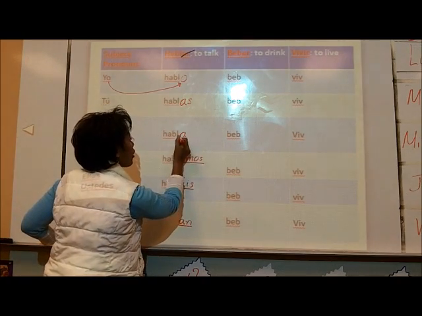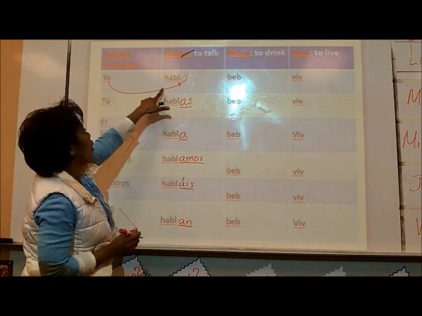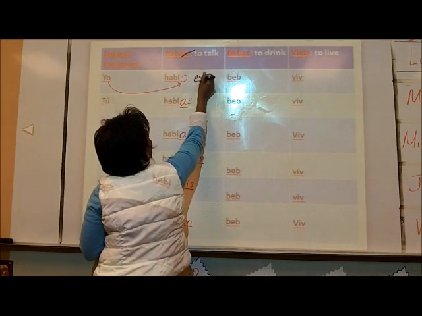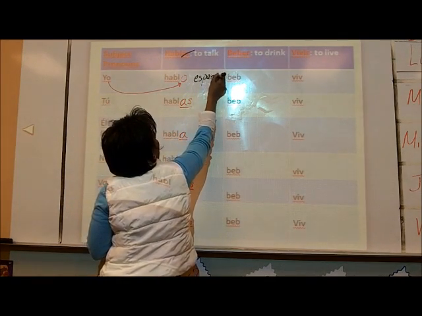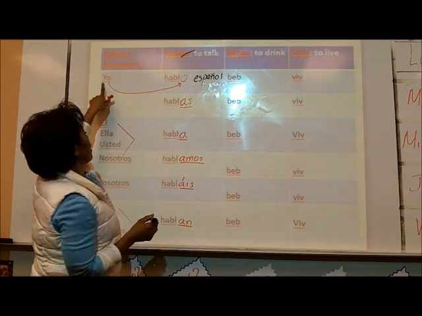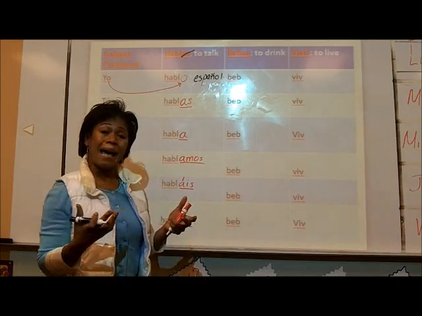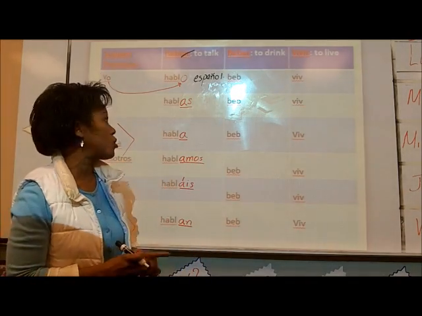Let me translate it for you. When you say yo hablo español, for example, if you say yo hablo español, you're saying I speak Spanish or I am speaking Spanish.